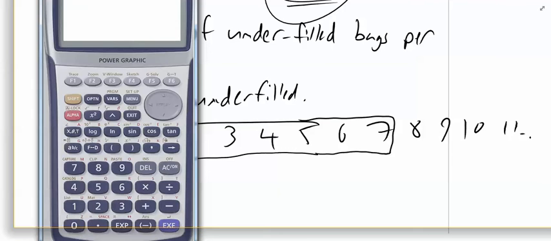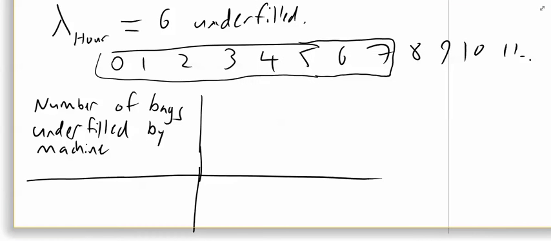And it's 74%, okay? So let's make a wee bit of a table to record this information. So number of bags underfilled by the machine, and let's call that U for underfilled.